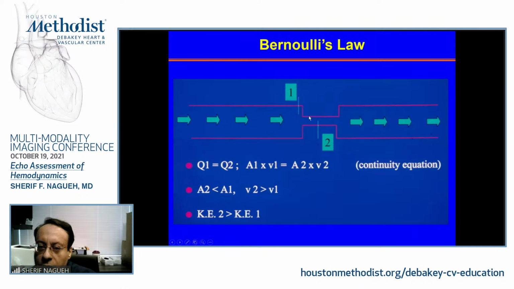And because flow through point 1 is equal to flow through point 2, it follows that the velocity at point 2 is much higher than point 1, and the kinetic energy at point 2, which is directly related to that velocity squared, is higher than that at point 1. This first line that you see here is the continuity equation that we rely on to determine valve areas, for example, aortic valve area.